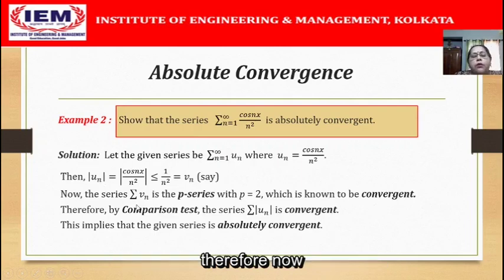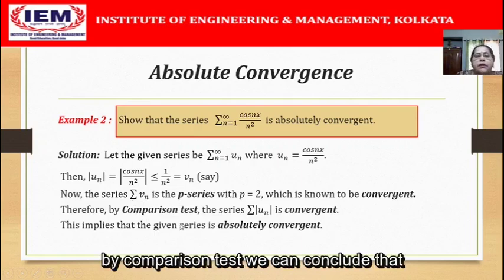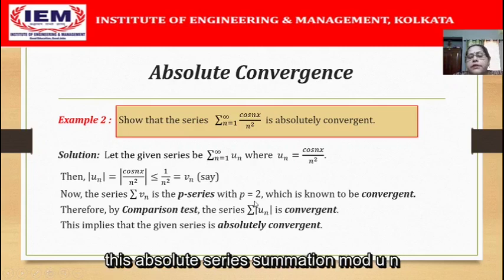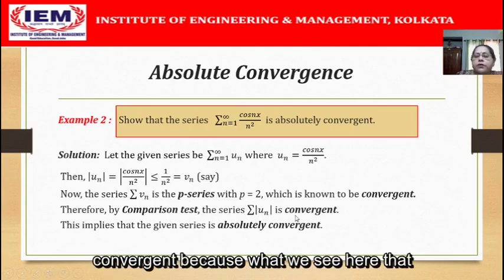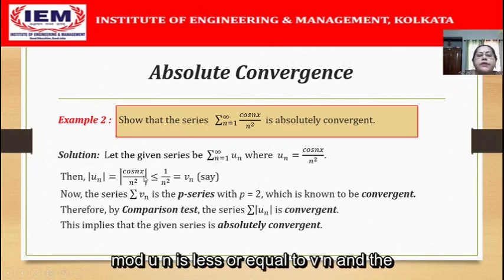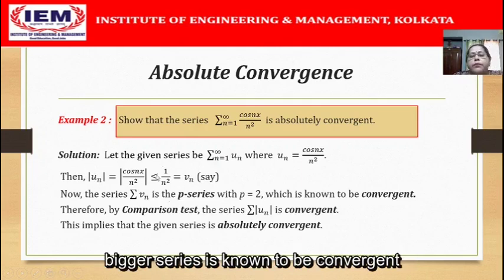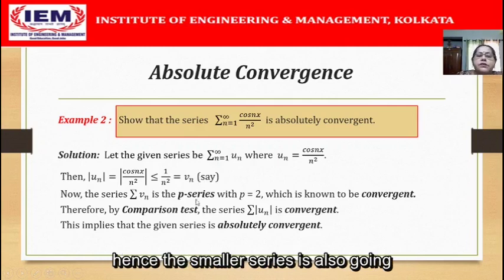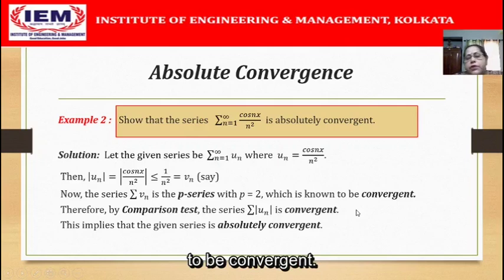And therefore, by comparison test, we can conclude that this absolute series summation mod un is convergent, because mod un is less than or equal to Vn, and the bigger series is known to be convergent, hence the smaller series is also going to be convergent.